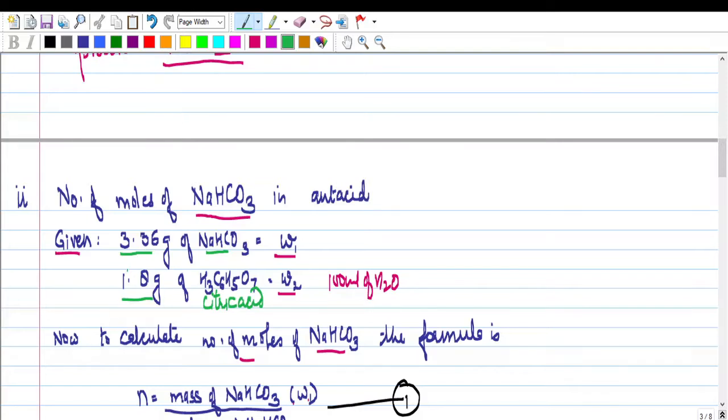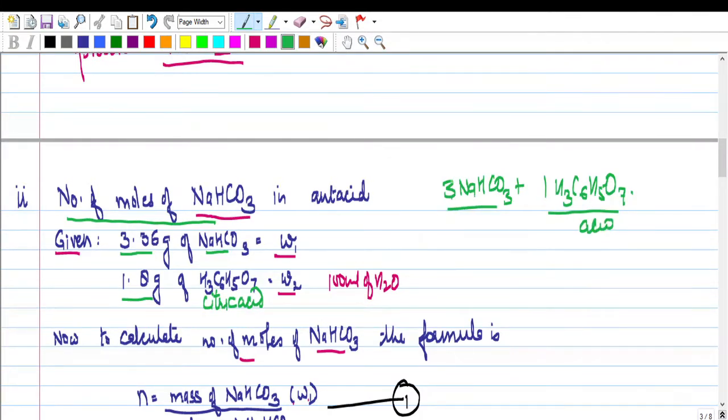Now you have to find out how many moles of sodium bicarbonate, and in the equation what is given? It is given 3NaHCO3 plus 1 H3C6H5O7. So look here, this is acid, and this is sodium bicarbonate. Three molecules are there, but we have to find out number of moles.